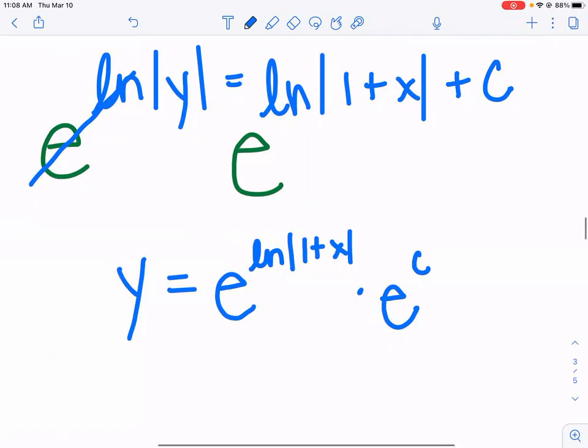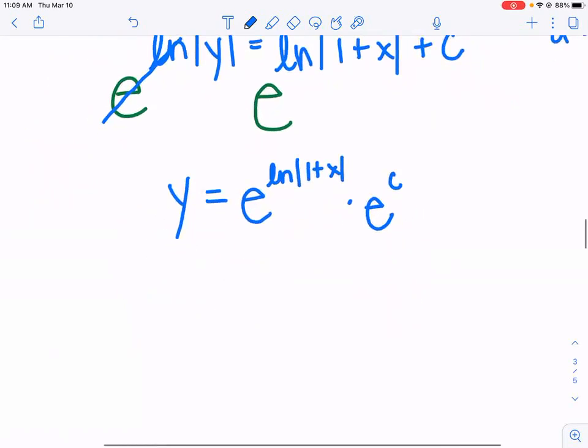Okay, well, how is that helpful? First of all, e to the c is a constant, okay? So we can write y equals C times, well, e to the natural log cancels out.